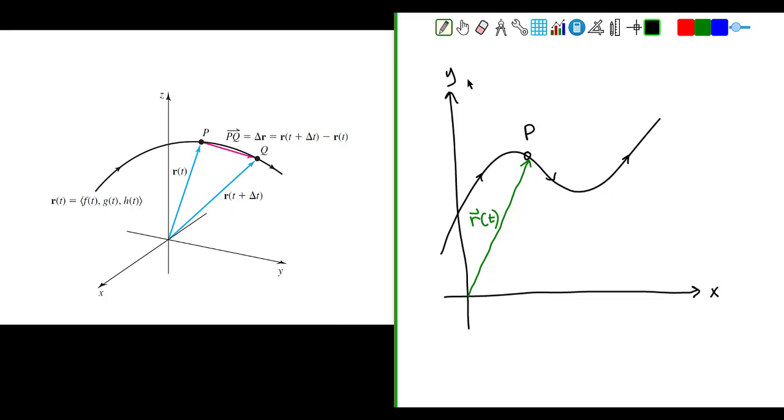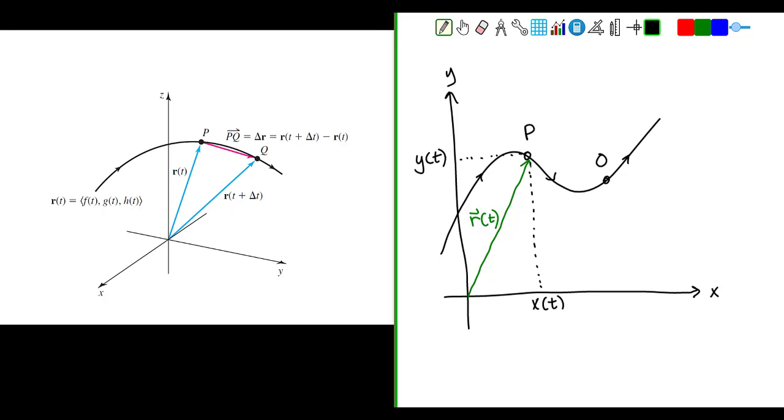Now this point P has an x component with a value of x of t, and a y component with a value of y of t. Let's now look at a second point on this curve.